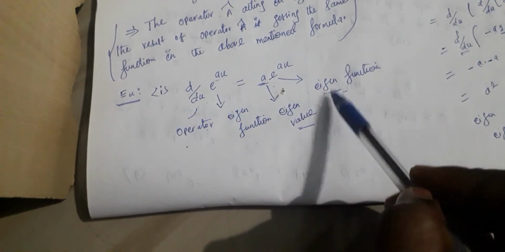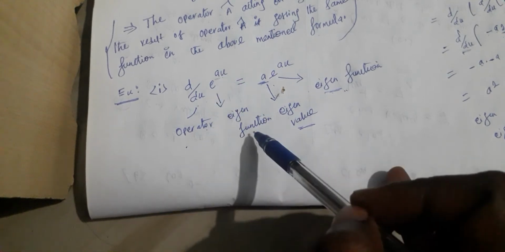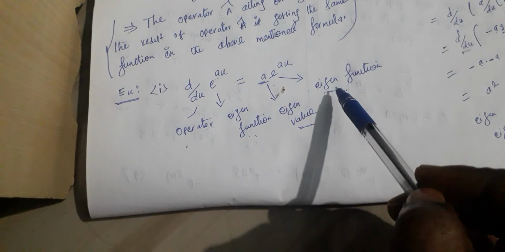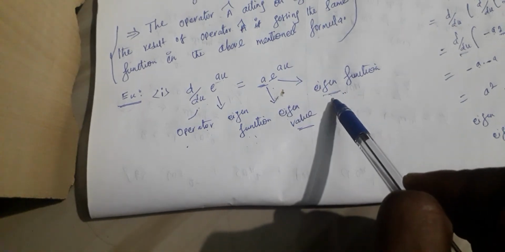We are getting the same eigenfunction in the product. In the reactant, e power ax is the eigenfunction, and we get the same e power ax in the product also.